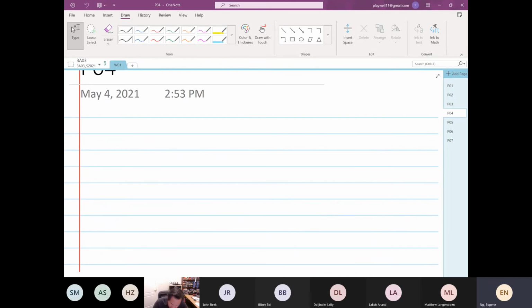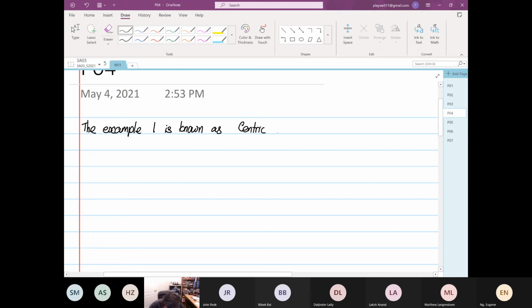So the example one is known as centric symmetrical bending.